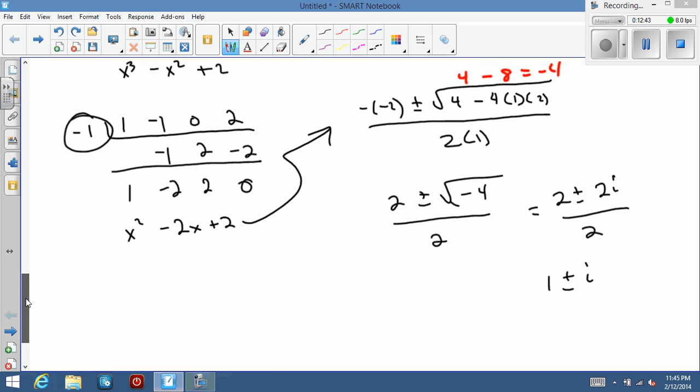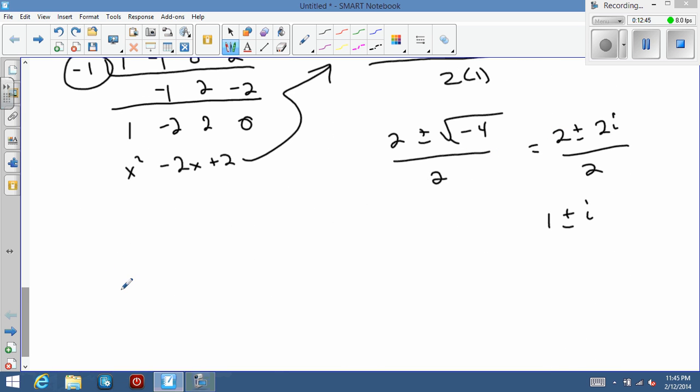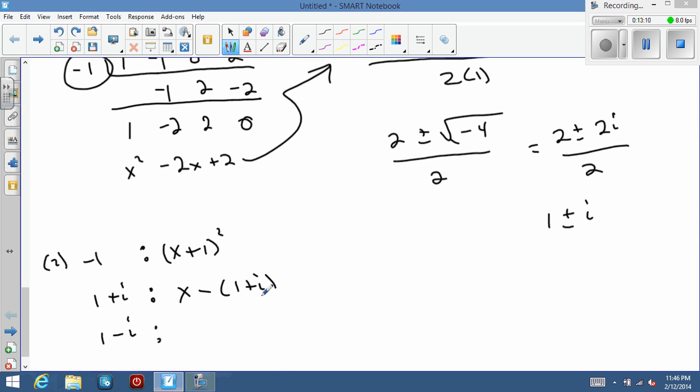And if I need to write my complete factors, I have negative 1 twice, I have 1 plus i, and I have 1 minus i. So remember, we're subtracting our zeros from x. So this is going to be x minus a negative 1, which is x plus 1. I want to make sure I put a squared on that. I'm subtracting 1 plus i, which means I take x minus, 1 plus i in parentheses.